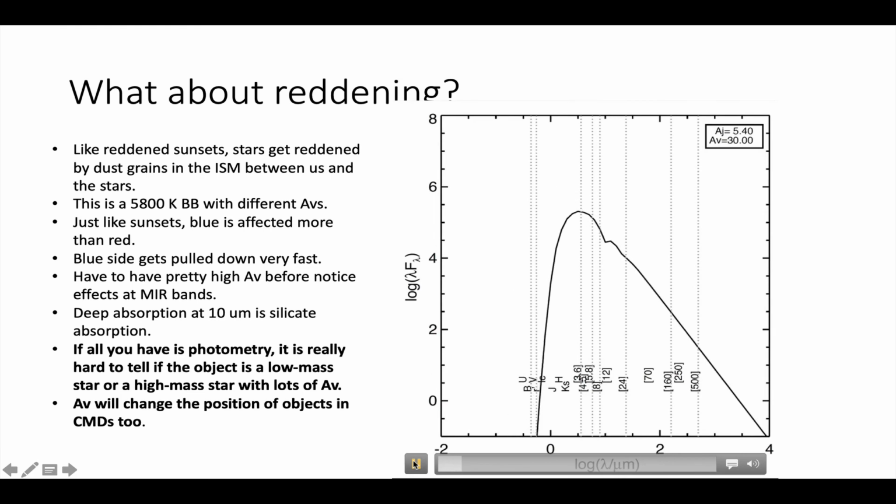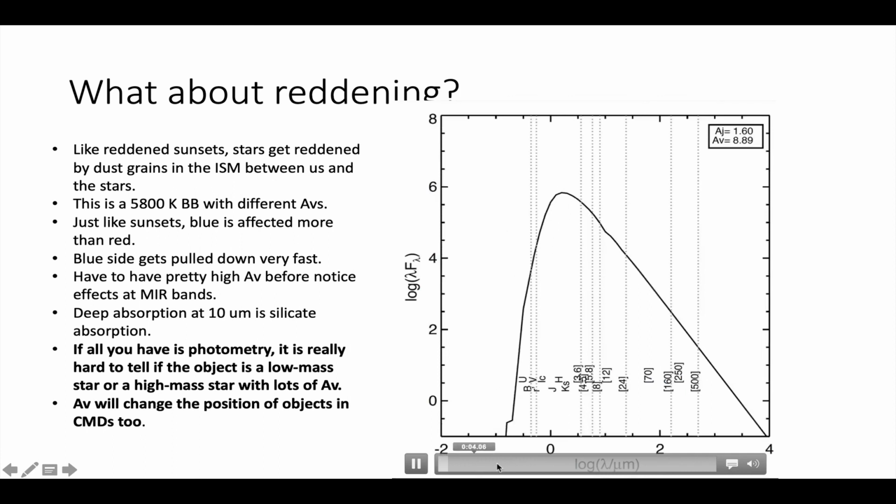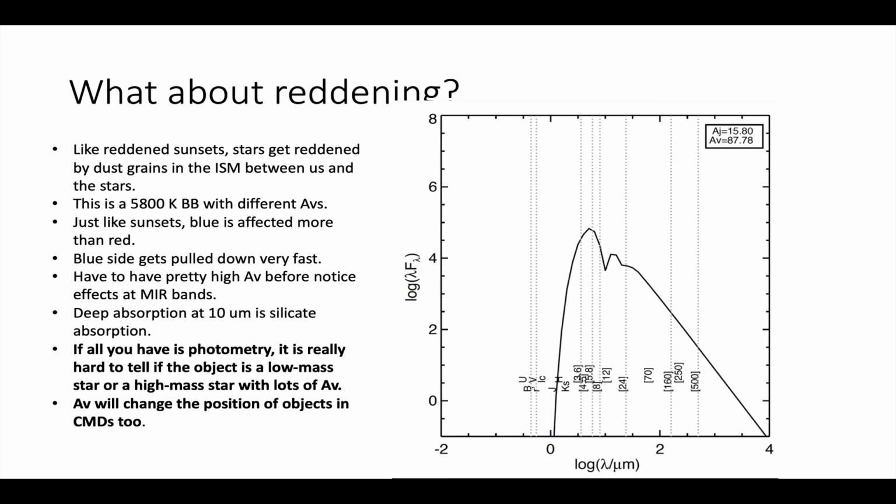When I crank up the extinction really high, that's actually an absorption line at 10 microns, but it's a lot. It's like 87 magnitudes at V band, which is about 15 magnitudes at J band. So it's a huge amount of extinction. That's really just a really deep absorption line.